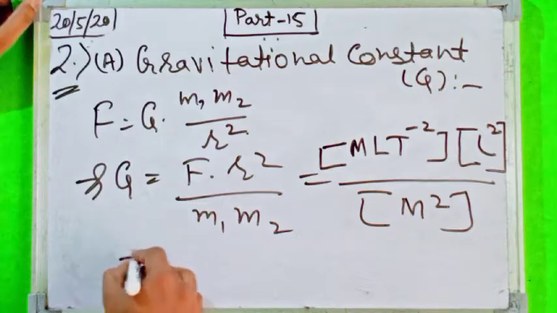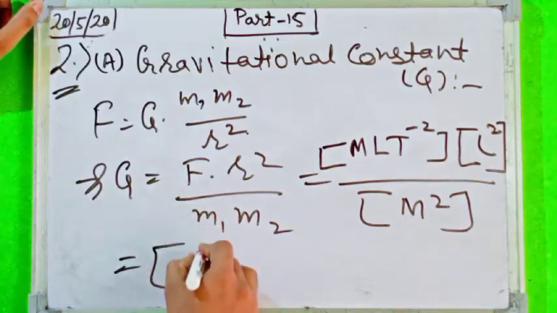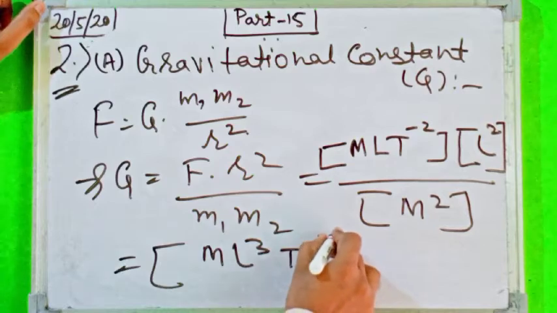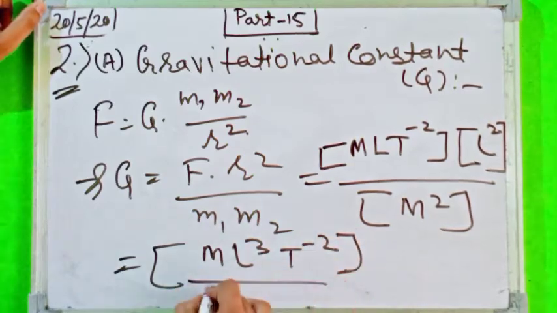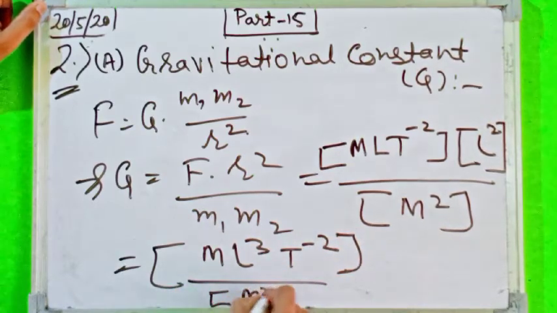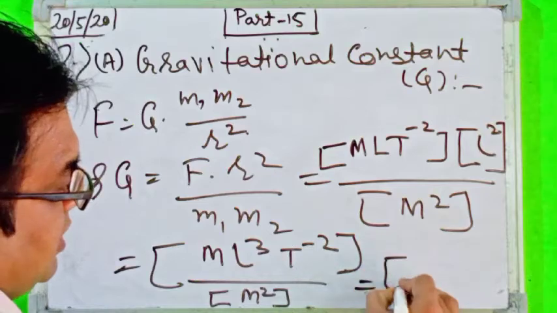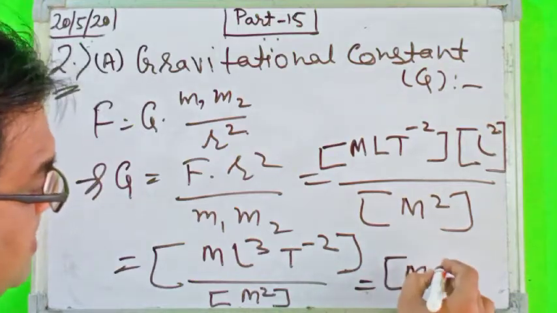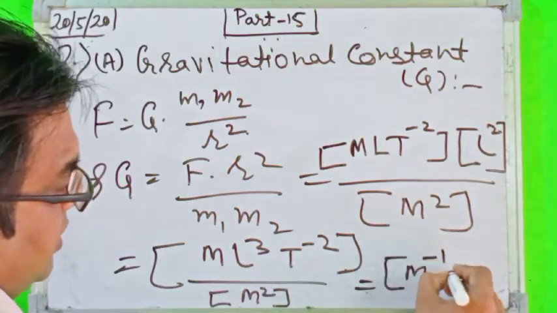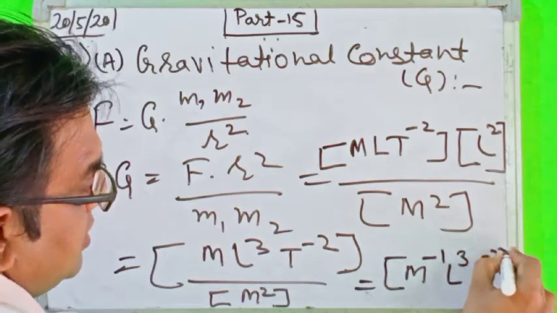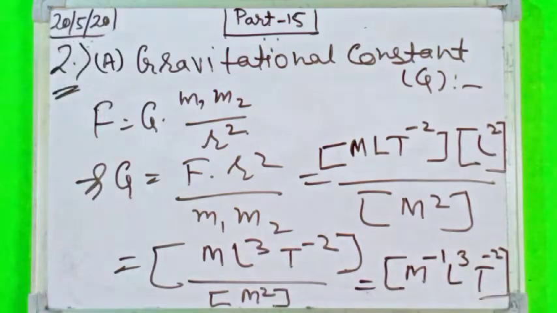So it is MLT^-2 into L^2 upon M^2, which can be written as M^-1 L^3 T^-2.